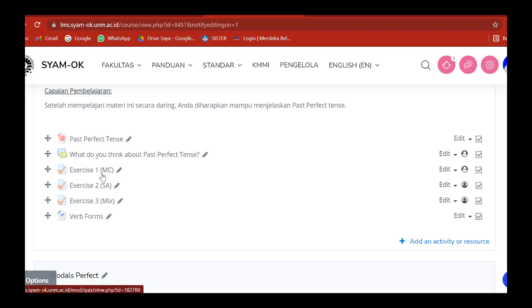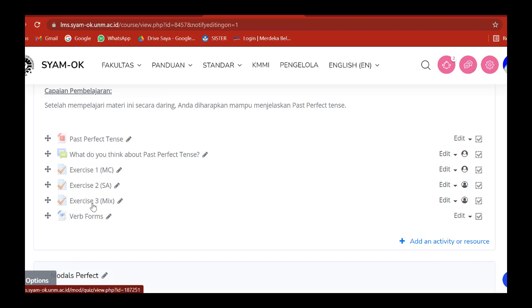In exercise 1, you do the multiple choice as usual, and then in exercise 2 you use short answer. Please pay attention to every detail on this short answer, because if you have a typo or a different font in your typing, it could be considered a mistake or wrong.